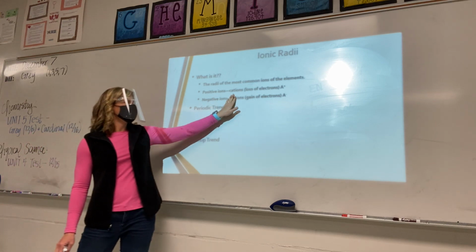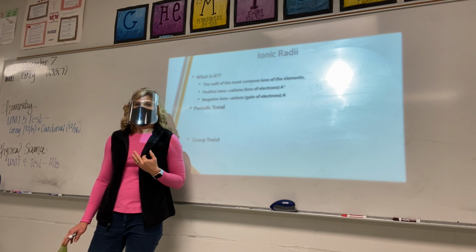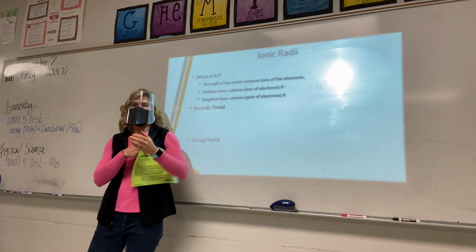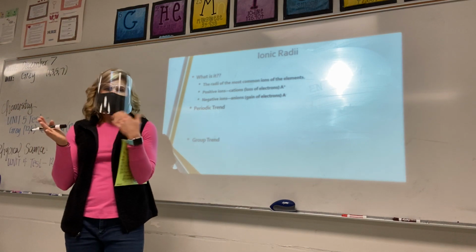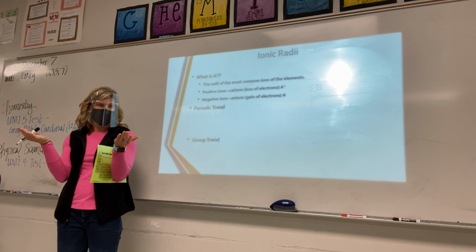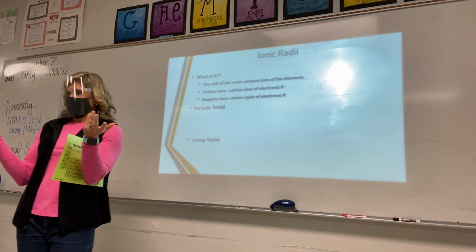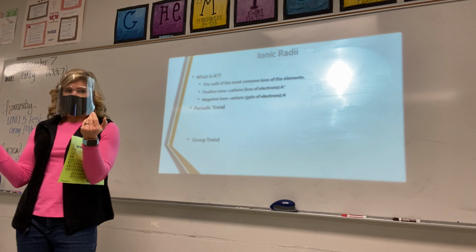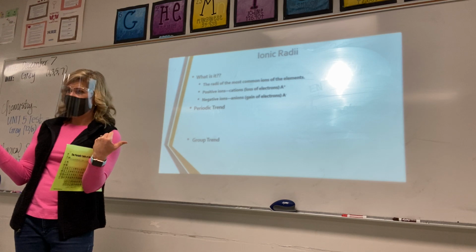In order to create a cation, what do you think? How would we get it? Remember, in a neutral atom, the protons and the electrons are equal. That's what balances out the charge. So if I want to get a positive charge, meaning more protons, what do I have to do with my electrons? Take them away.